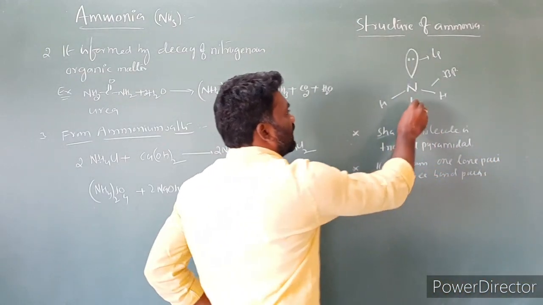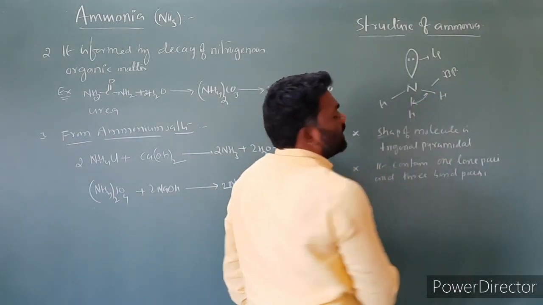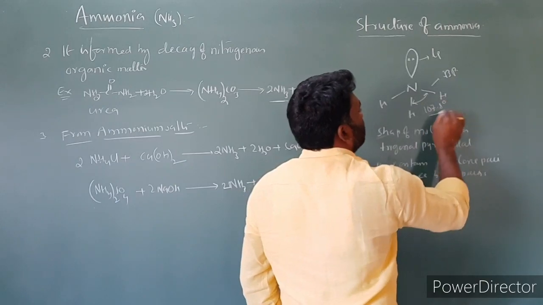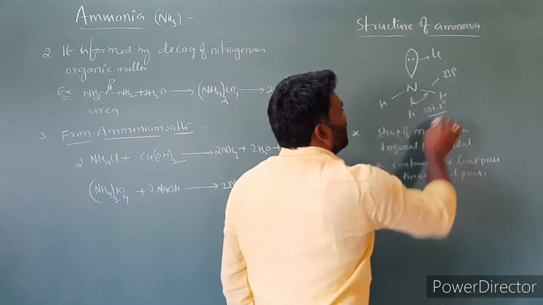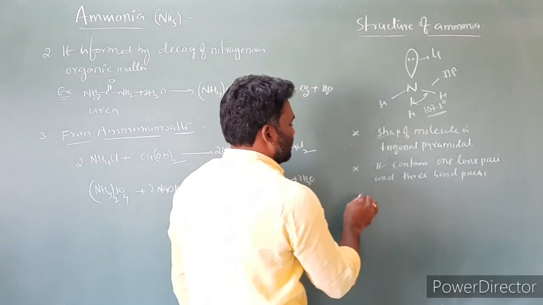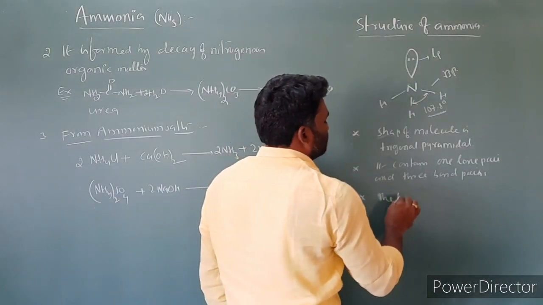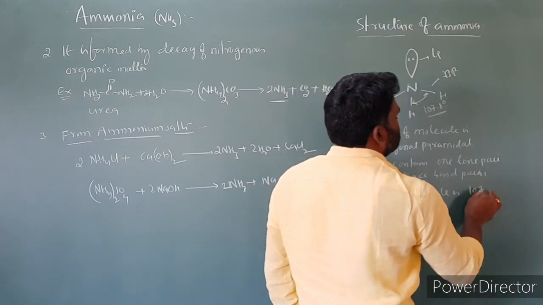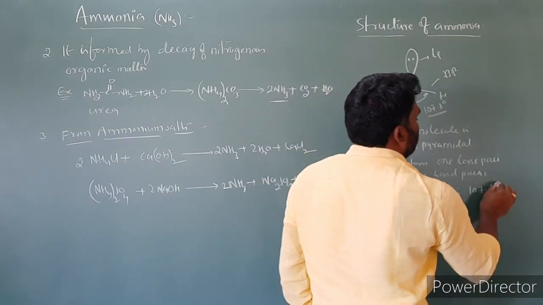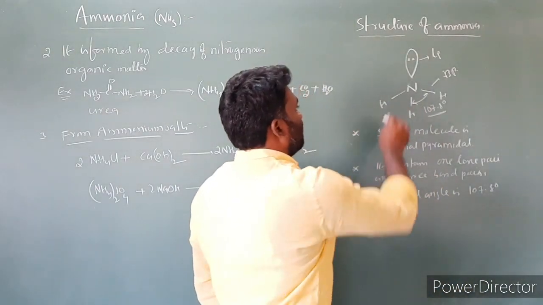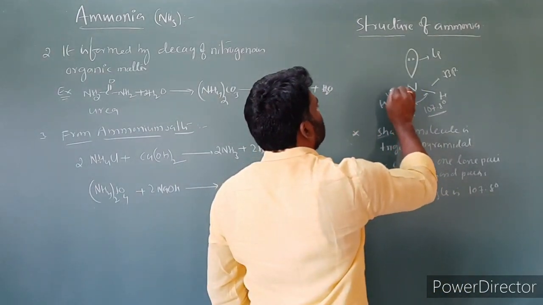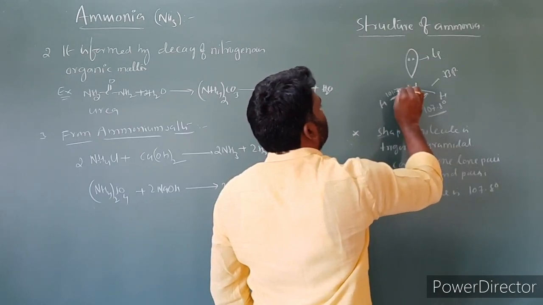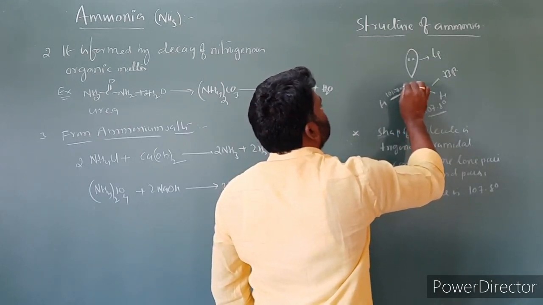The angle between any 2 bond pairs you can take as 107.8 degrees. Third point, the bond angle is 107.8 degrees, and the NH bond length is 101.7 picometers.